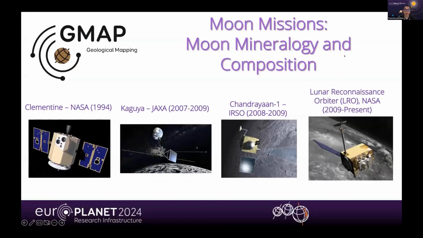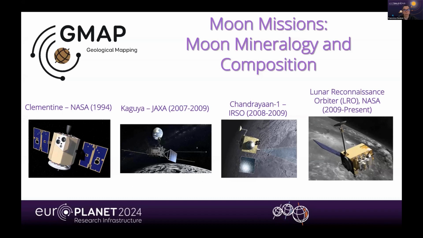Okay, there are several missions that acquire data from the moon, and in particular, I show you here the missions that acquire data from cameras and spectrometers, so multi-filter cameras and spectrometers. We have the famous Clementine mission, which acquired data in 1994.